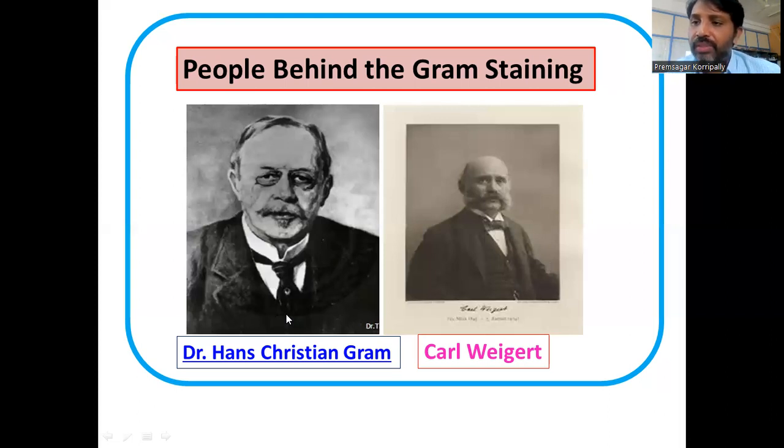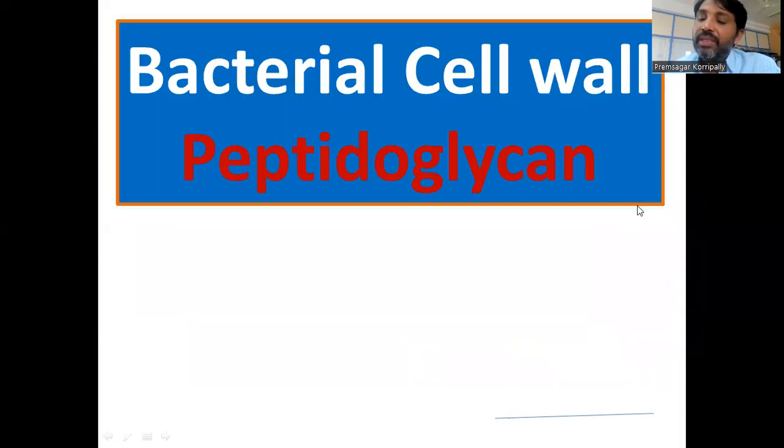As you all know, gram staining is the first and foremost method used to distinguish bacteria into gram positive and gram negative. And whether a bacterium is gram positive or gram negative all depends on the thickness of the cell wall. If the bacteria have a thick cell wall, they can retain the primary color, right?